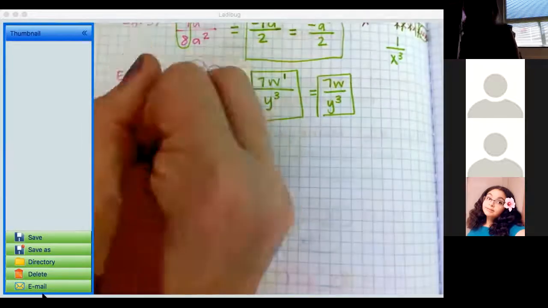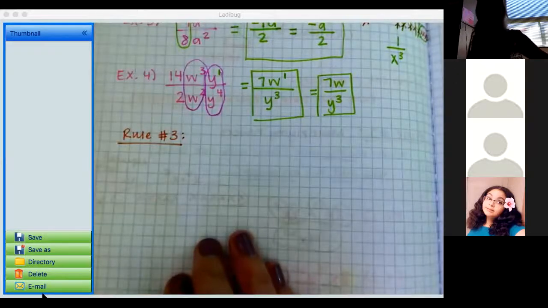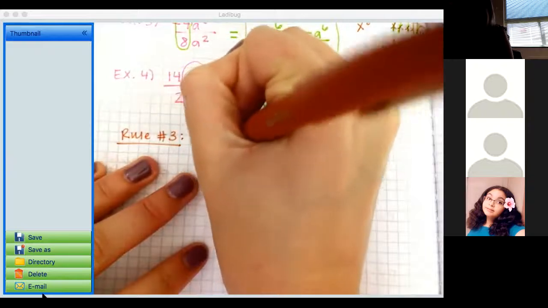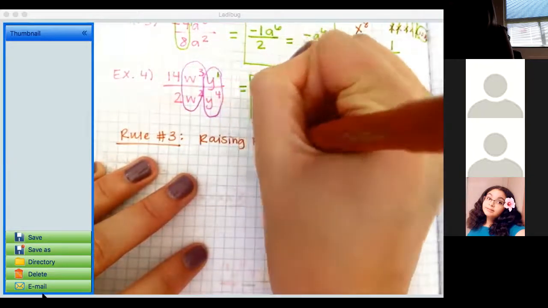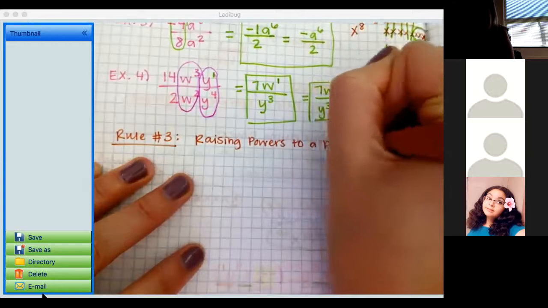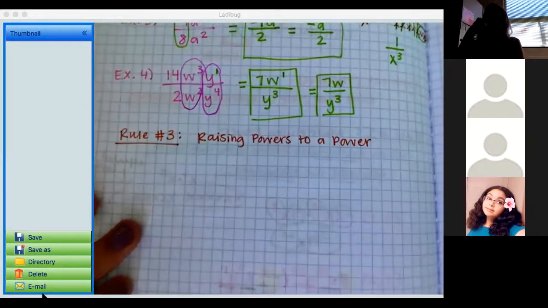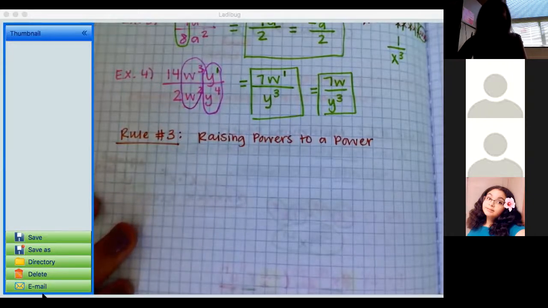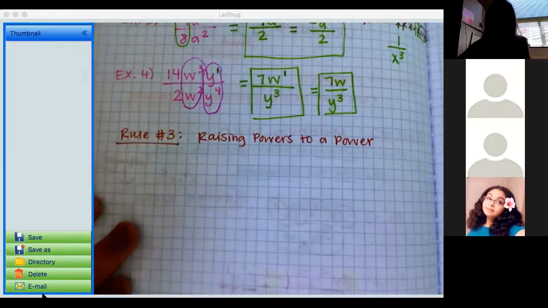All right, rule number 3. Raising powers to a power.